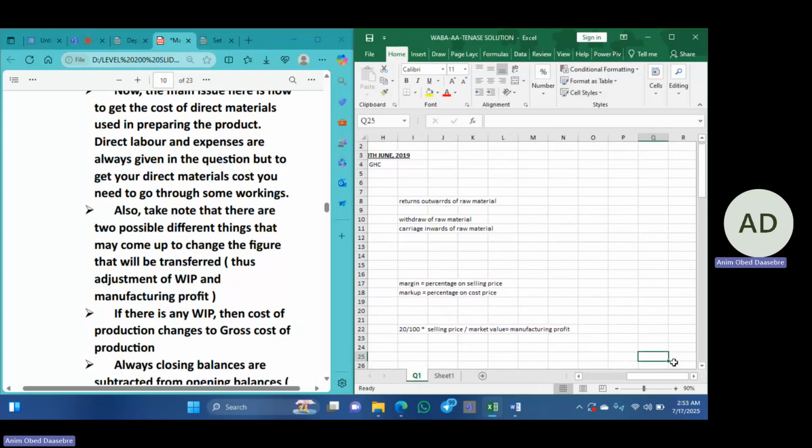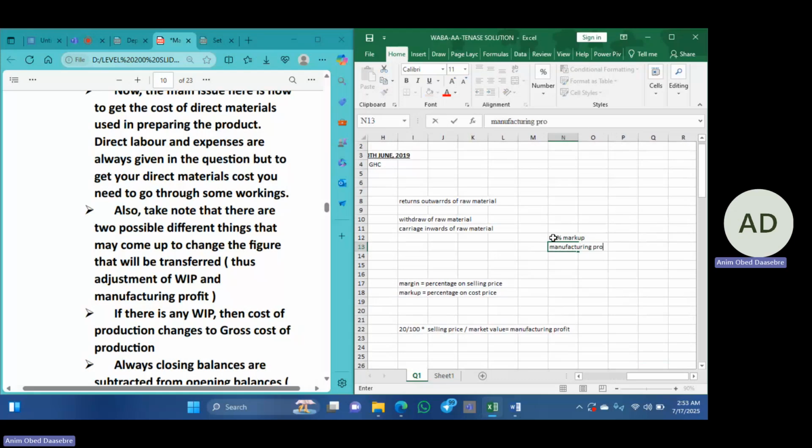So guys, these are the two ways. First one, if they give you a 20% markup, to find your manufacturing profits, you apply this 20% on the cost price.